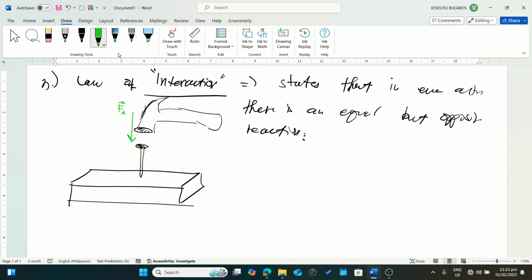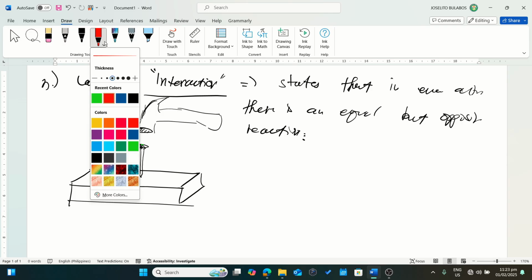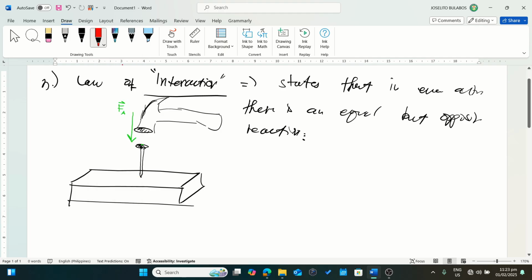When we exert a force in that direction, at the same time the nail will also exert a force but in the opposite direction, and this is what we call the reaction. So this is our action and this will be our reaction.